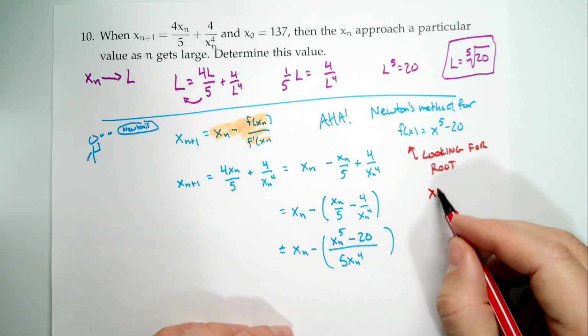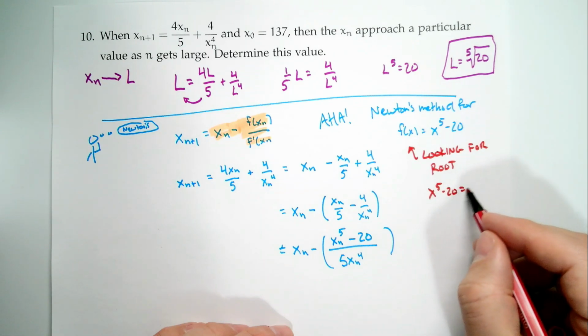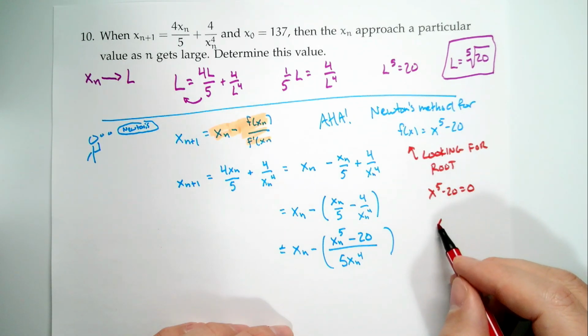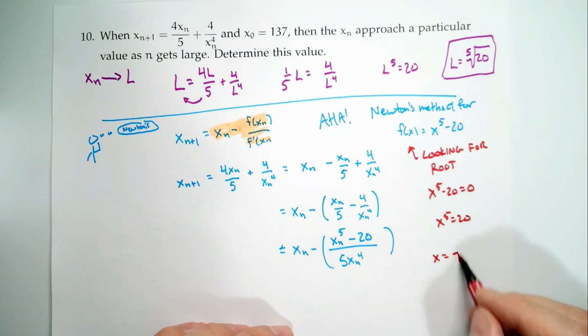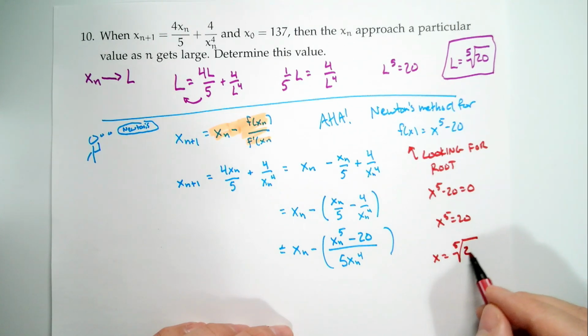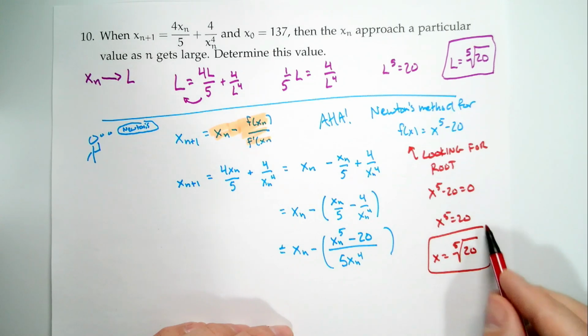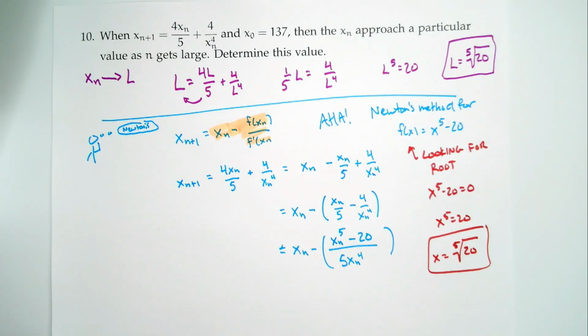That would be when x to the 5th minus 20 equals 0, or when x to the 5th equals 20, or when x equals the 5th root of 20. So that's what it's going to approach. You'll see that the answers are the same. They should be, right? Because there's only one answer. It's not like it's going to approach two different things depending on how we think about solving it.